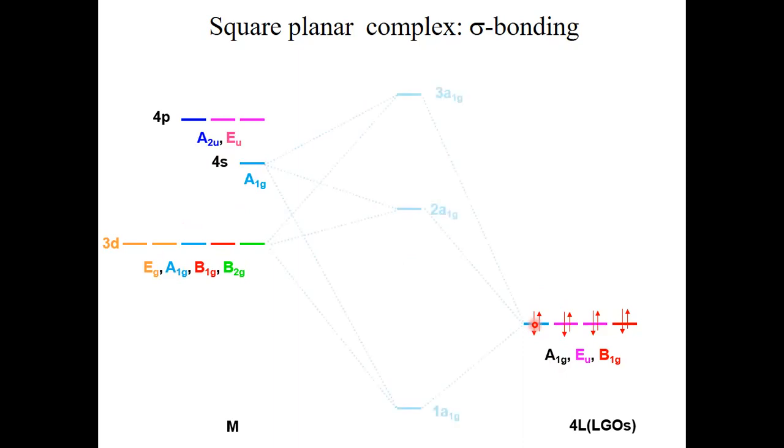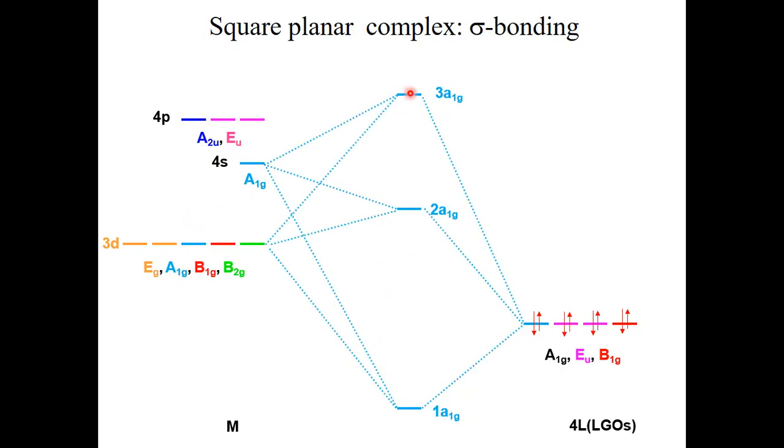We can approximate that one will be bonding and have low energy, one will be antibonding, having high energy, and one will be approximately in the middle, which is approximately non-bonding. Maybe weakly antibonding or weakly bonding also; we can't determine this from our qualitative considerations.